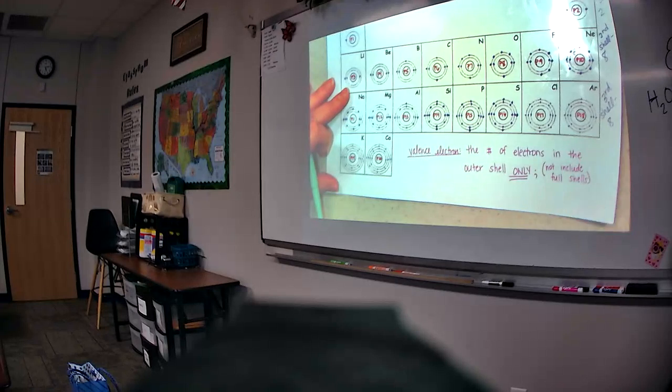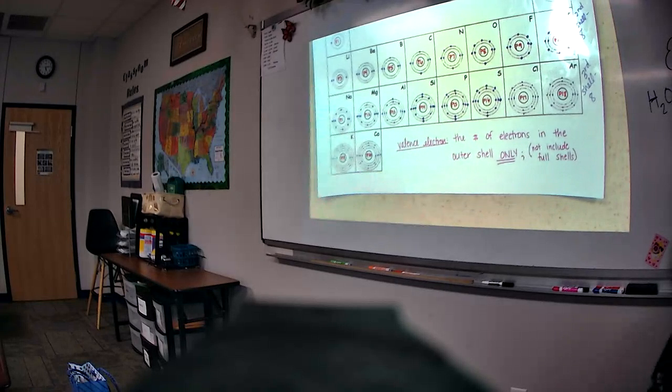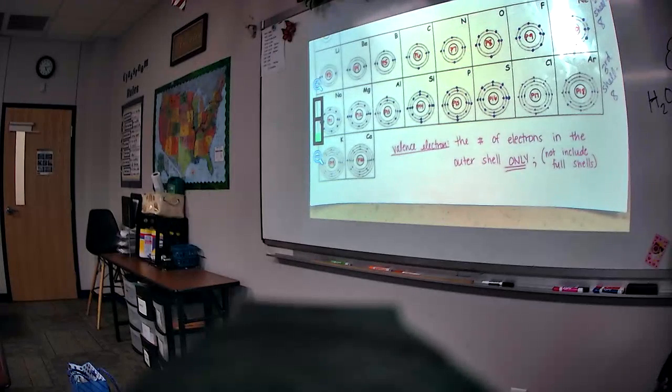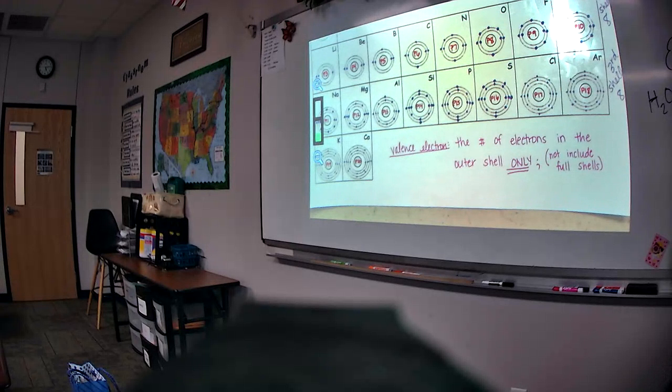Copy it down, then I'll explain what that means. The number of electrons in the outer shell only. This does not include the full shells. I'm going to explain it. Just write it down. Does not include any full shells.